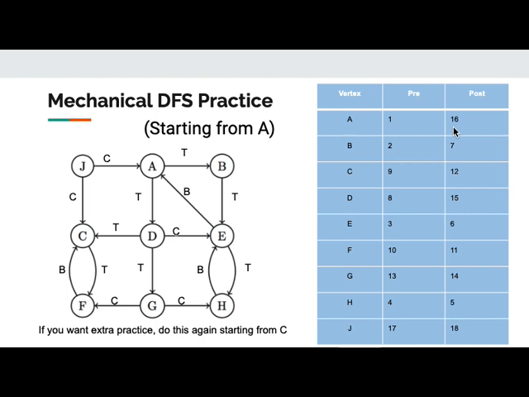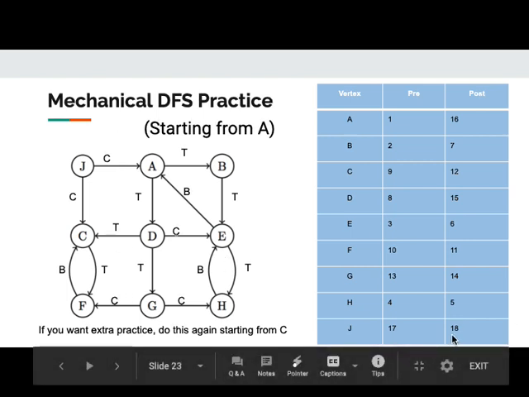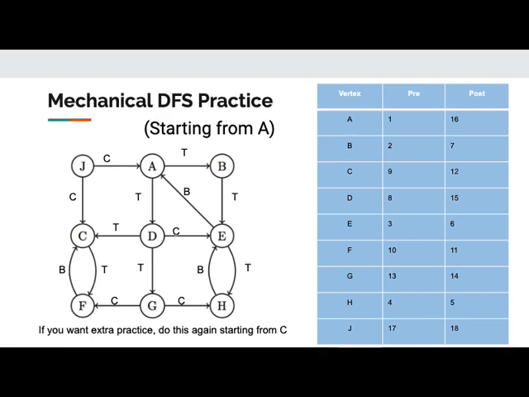Scratch that. There's no way to figure it out from this, so we have to reverse them. But you can see that J has the highest post number. I forgot that. So J is definitely one of the sources. These are the things you can know from these numbers.